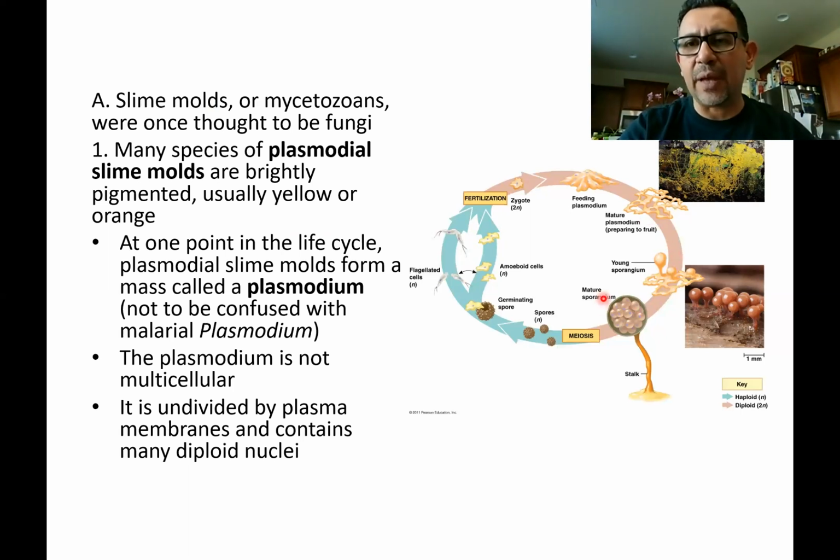Remember, angium, I've described this to you before, means vessel, and spore is a reproductive structure. So some of those nuclei are going to make a capsule, and they are going to become spores.